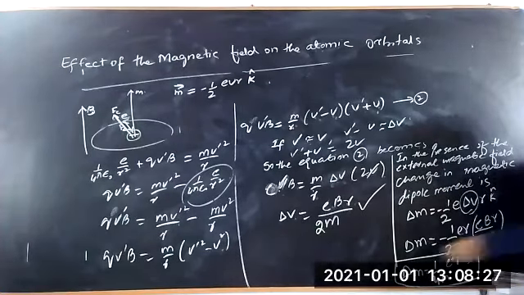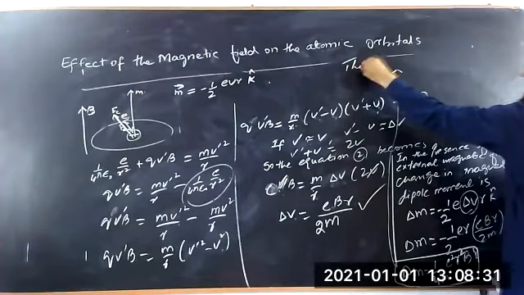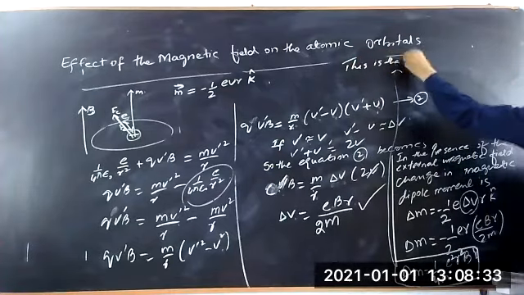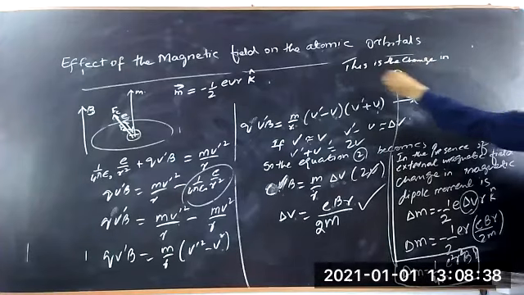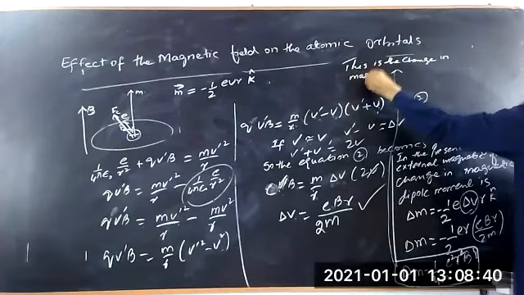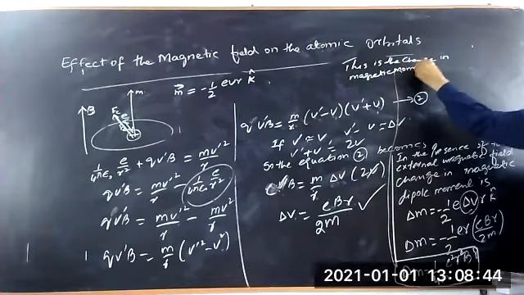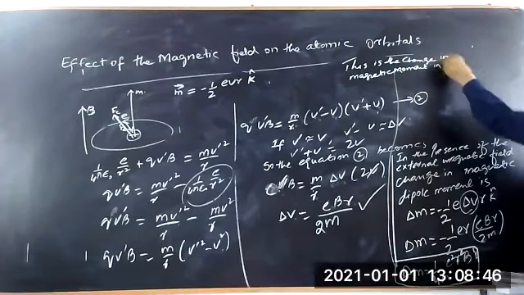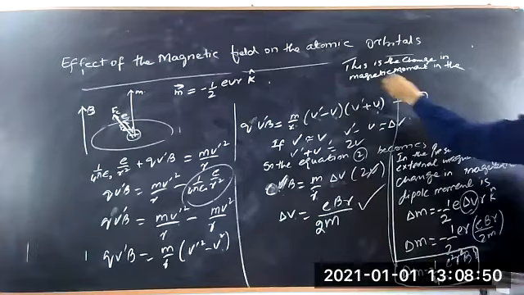So I'm writing it here. This is the change in magnetic moment in the opposite direction, because this negative sign shows that the change is in the opposite direction.